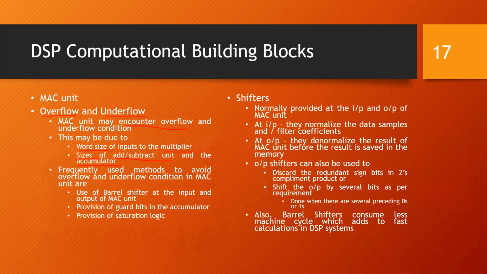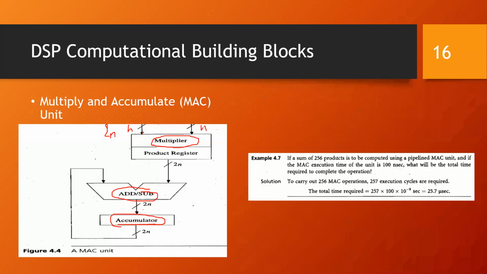Based on this, an overflow condition may occur. That is, the word size of the inputs with which the multiplier is operating. If you are giving 2n bits but it is an n-bit multiplier, then you are exceeding its limit, and due to this there will be an overflow.